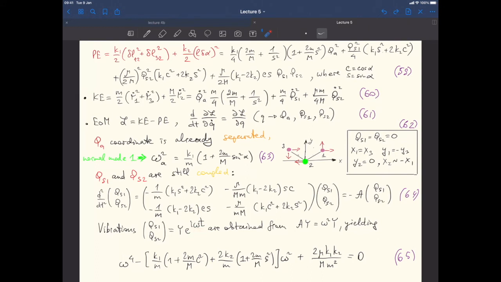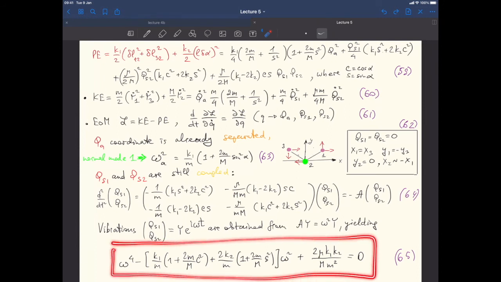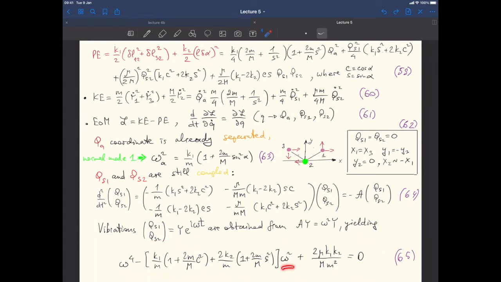And by substituting this trial solution into these equations, we shall arrive at the eigenvector eigenvalue problem for this 2 by 2 matrix A, this matrix here, by solving which we shall obtain two eigenvectors and two frequencies corresponding to them. And for the frequencies themselves, we shall obtain this fourth order algebraic equation, which is quadratic with respect to the frequency omega square, which will give us two solutions.